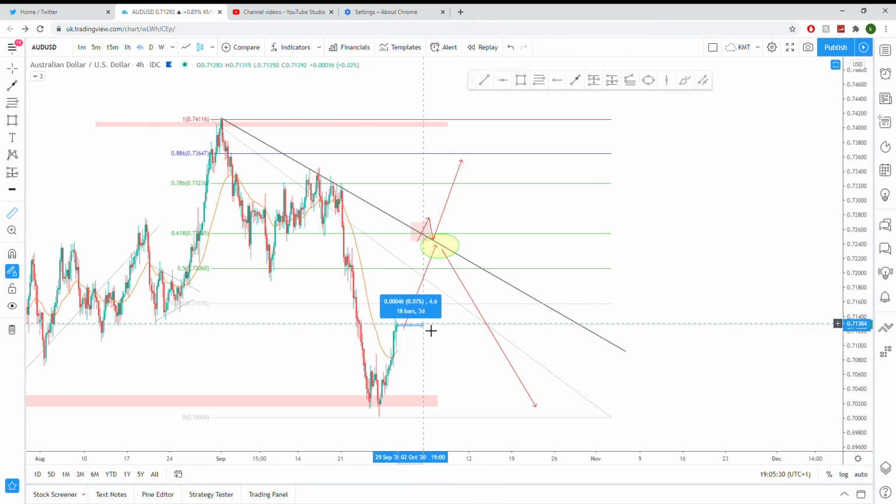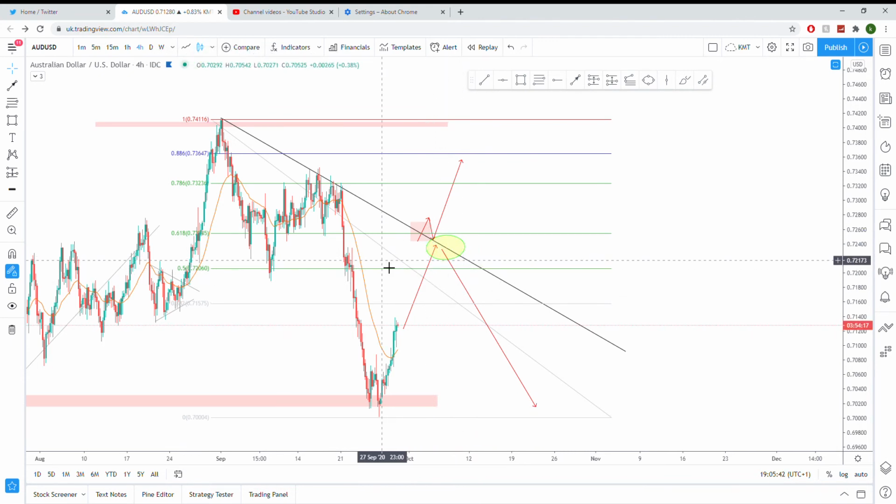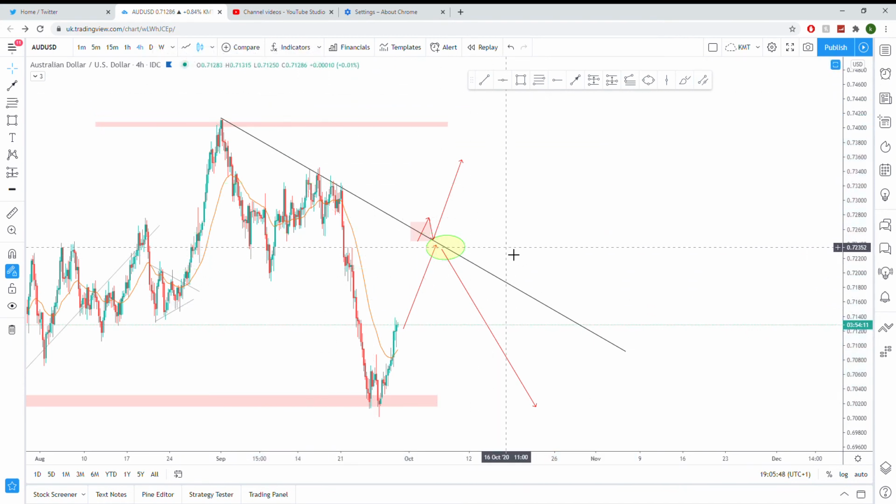So if we do get into this area, and even if we go lower, we do have the next one at around the 50 fib on the 13th of October. So I'm giving some time frames and time scales just to keep an eye out, but this is why I like to use the Fibonacci in correlation with some of the trade setups that we take. So I will be looking out for these moves to the upside or downside.